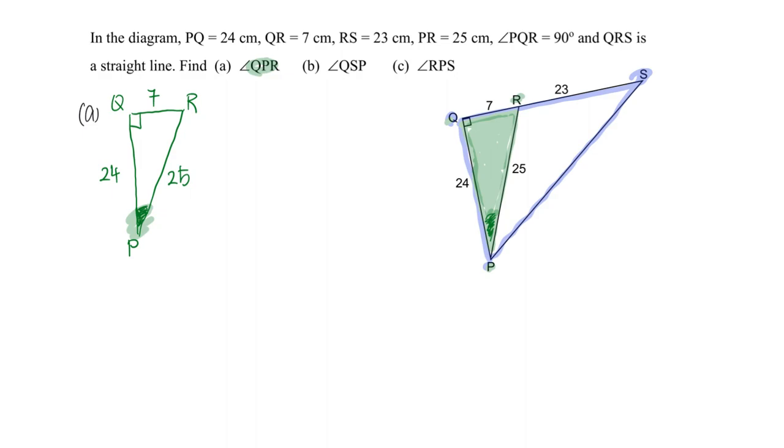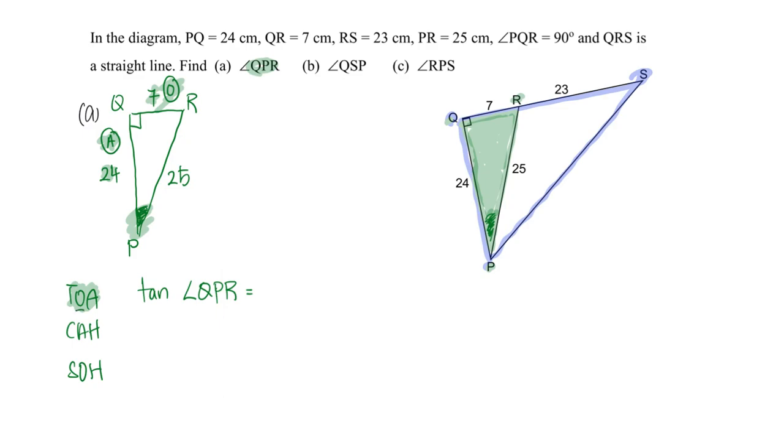Okay, so I repeat, we could use all three ratios, since we have all three sides, depending on which two sides you want to use. So for example, if I want to use tangent ratio, I would then have to use my opposite side and my adjacent side here, O and A. And I could then find my tangent QPR using my tangent ratio.